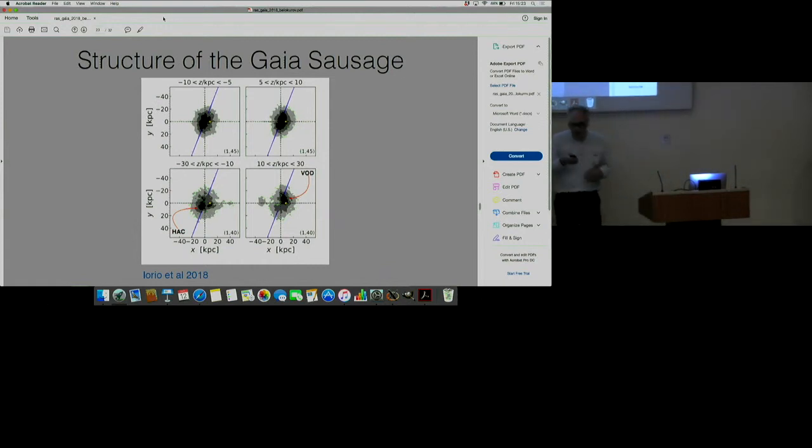So far we've looked primarily in configuration space. So this is work by Iulianu Oio from Cambridge, and he's looked at the Ara-Lyra distribution of stars in the sausage, and we're plotting X versus Y, so this is a projection onto the galactic plane of stars in certain heights above the galactic plane.